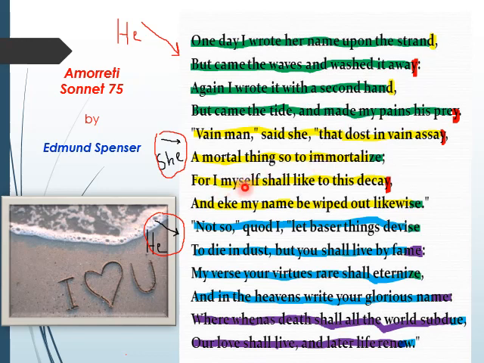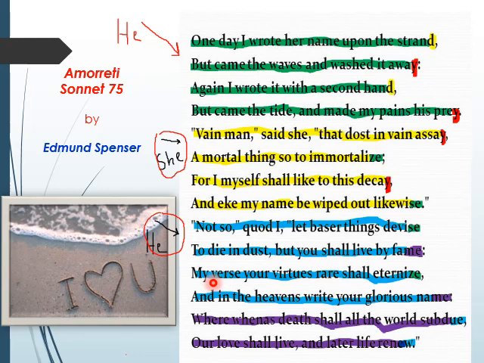For I myself shall like to this decay, and eke my name be wiped out likewise. And then he commented back, not so, quoth I, let baser things devise to die in dust, but you shall live by fame.